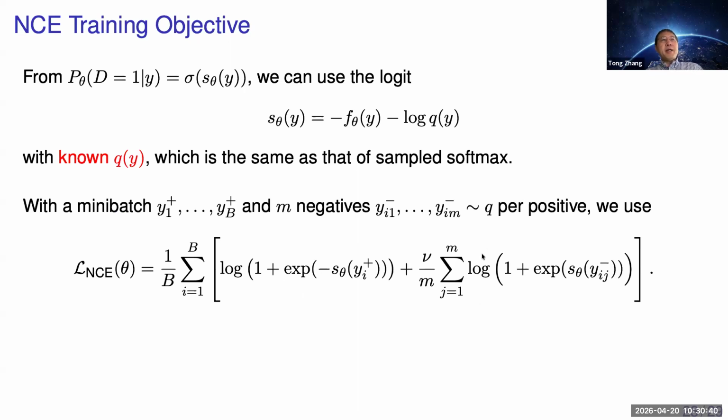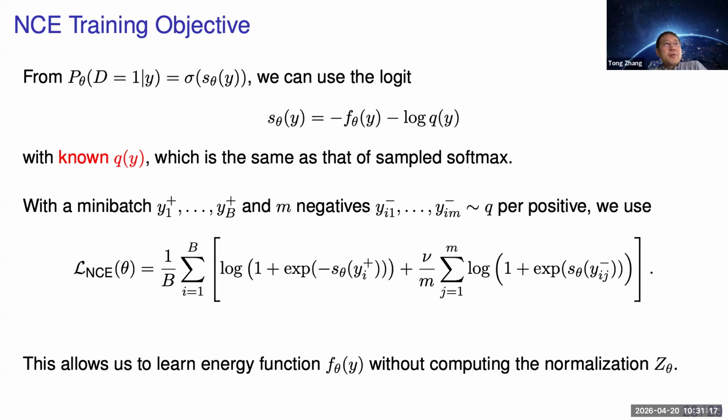Basically, it's m binary classification problems, positive versus each of these negatives, so essentially one-to-one pairs, and you add that up for all these m. For the experiment, we just take m equals 1, so we didn't really explore this, and nu we also take to be 1. But basically you can do something very similar to sampled softmax, except instead of a softmax, you treat that as a binary classification for each pair.